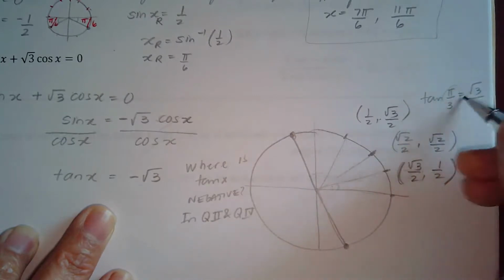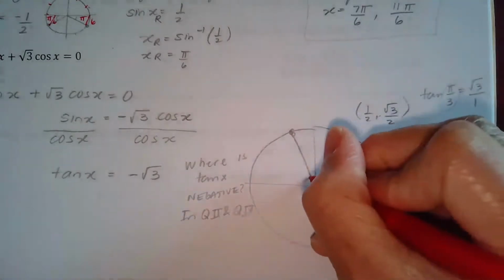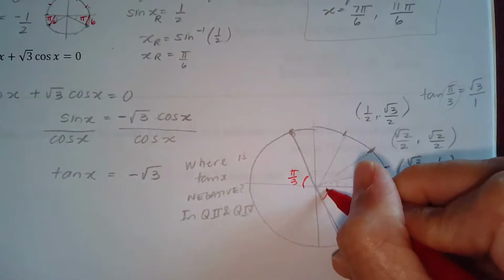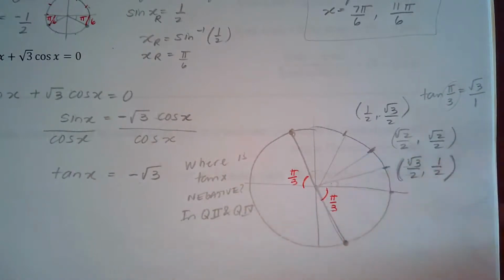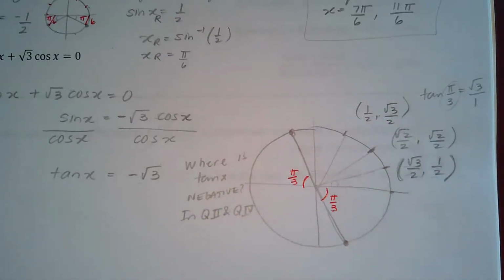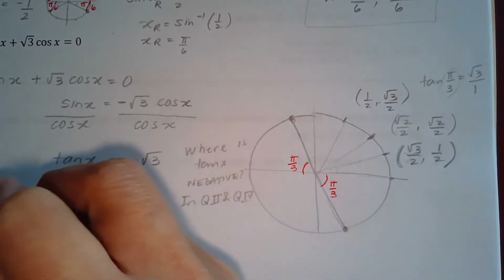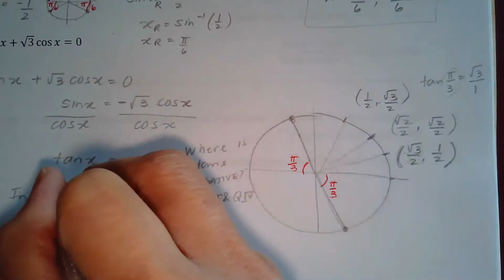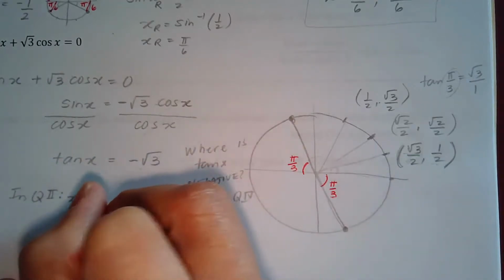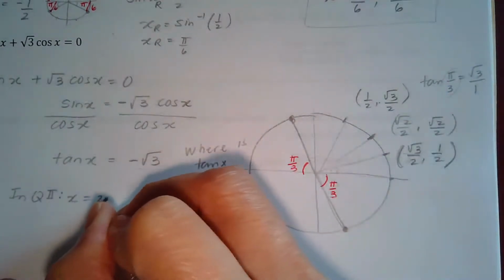Our reference angle is pi by 3. So this is a reference angle of pi by 3, and here's a reference angle also of pi by 3. Okay, so where is this one? Therefore, in quadrant 2, x is going to be 2 pi by 3.